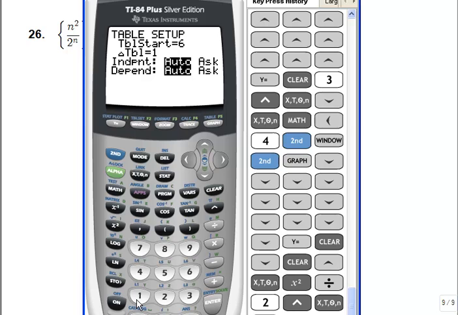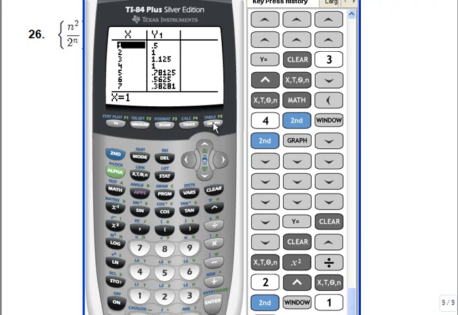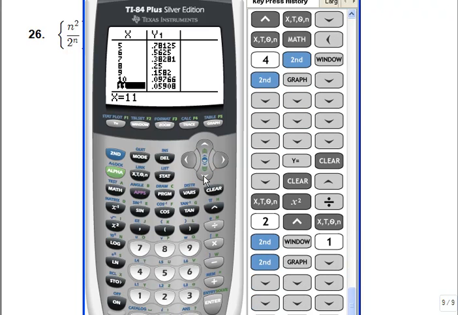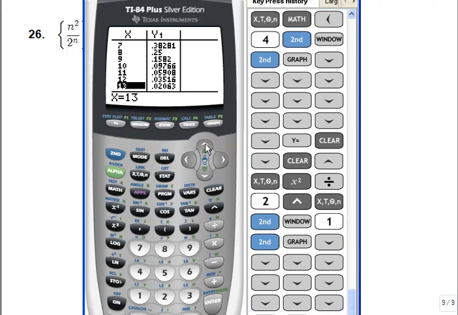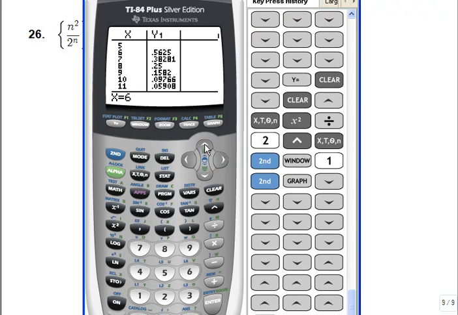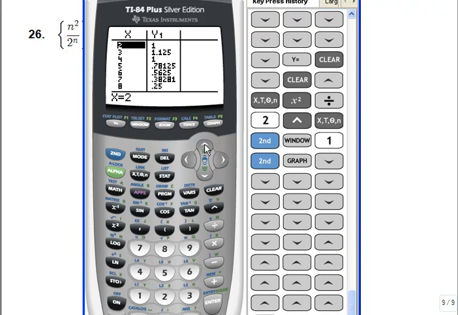So I'm going to start at 1, and get a look at a few of these terms. So we start at 0.5, then we go up to 1, up again to 1.1, then down to 1, then down to 0.78, down to 0.56, down to 0.38, and then from there they continue to get smaller. So again, initially the first few terms increase, but then from 3 on we decrease.